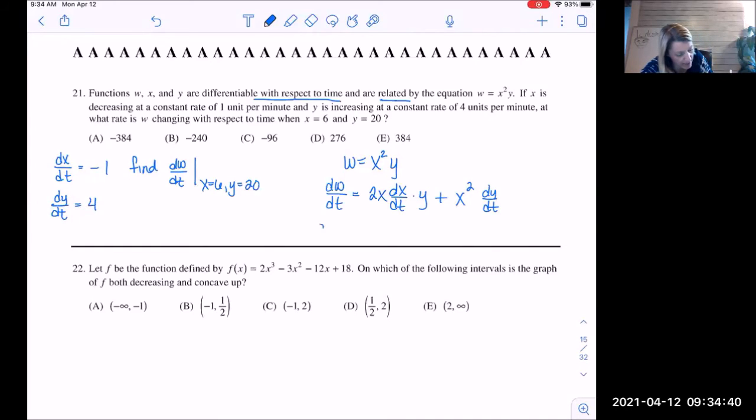And so I need dw/dt, that's what I'm trying to find. 2 times, I got x is 6, I got dx/dt is -1, and I got y is 4. Plus x squared, that's 36, dy/dt is 4. This actually ended up being a really easy, very straightforward related rates problem.